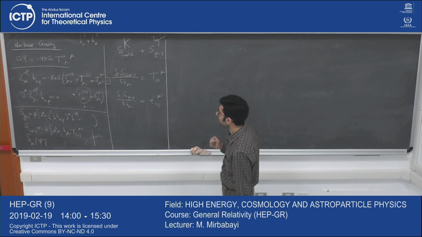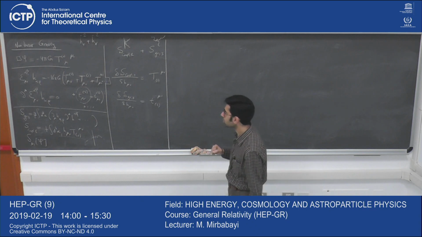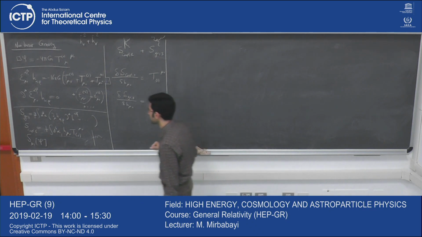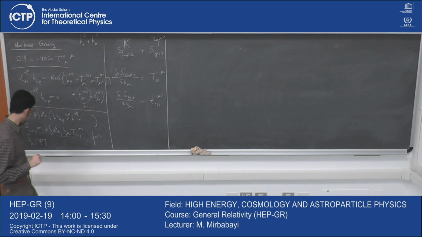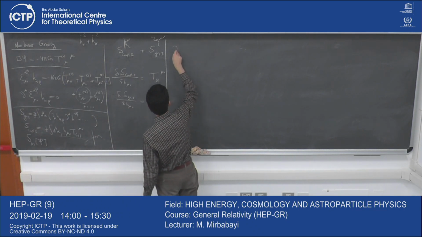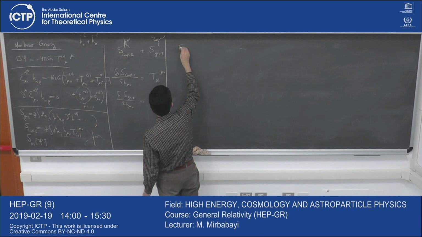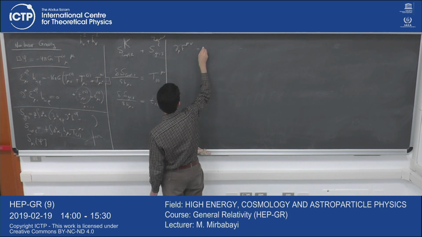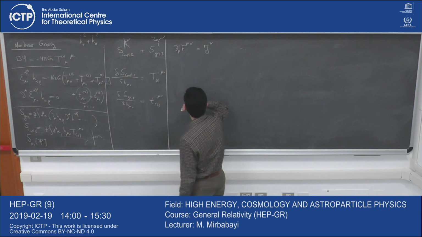Okay, so the shortcut is to get inspired by Maxwell theory. So let's go back to Maxwell theory. There we had a similar situation. We had the Maxwell equation, ∂_μ F^{μν} = j^ν.